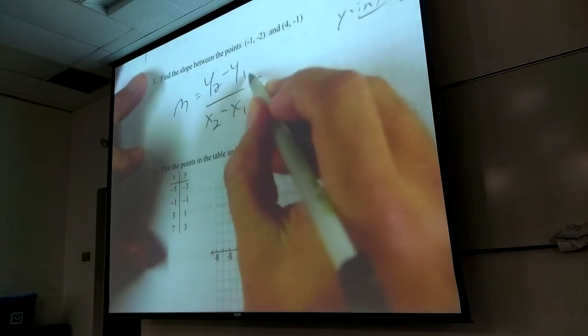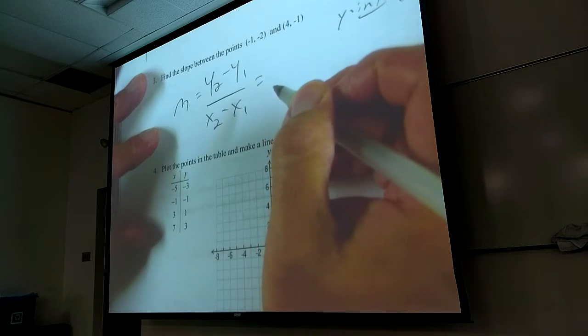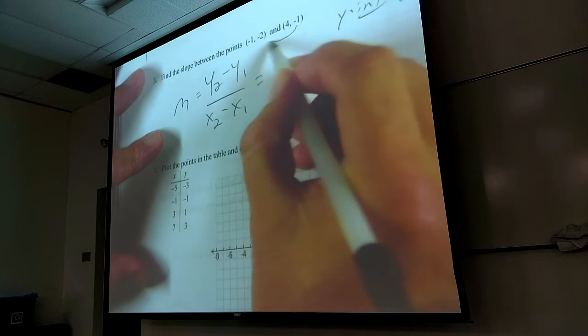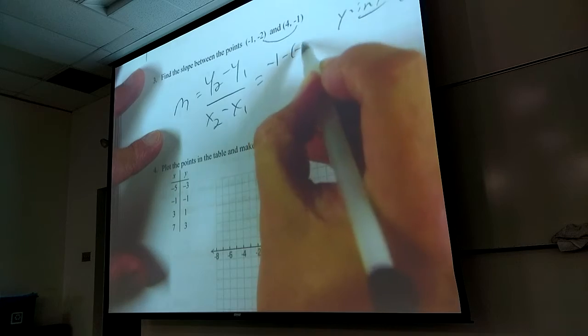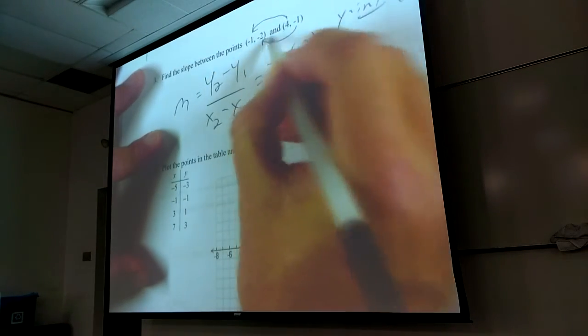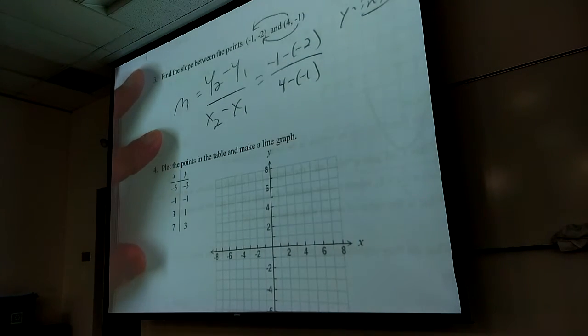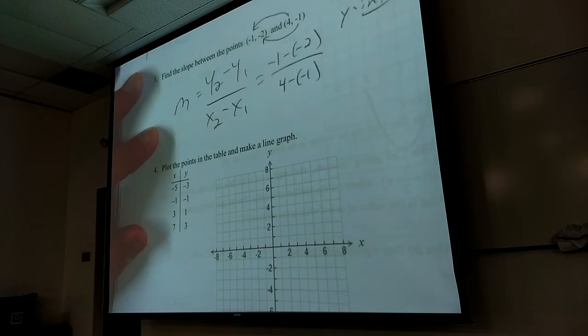It does not matter which one you consider the first and second point, you just have to subtract in the same direction. So if I do negative 1 minus negative 2, I better do 4 minus negative 1, so I'm going the same way. You might not have done that, but let's see.